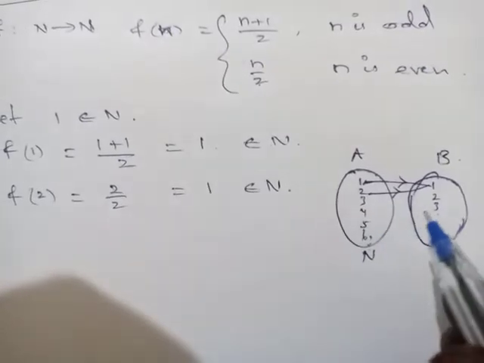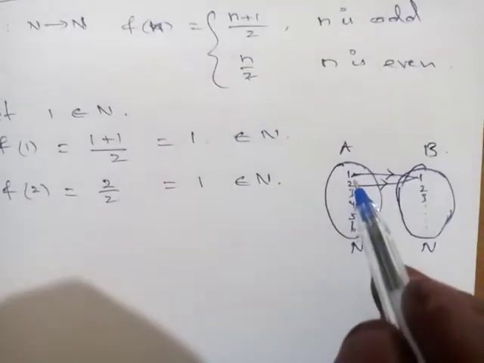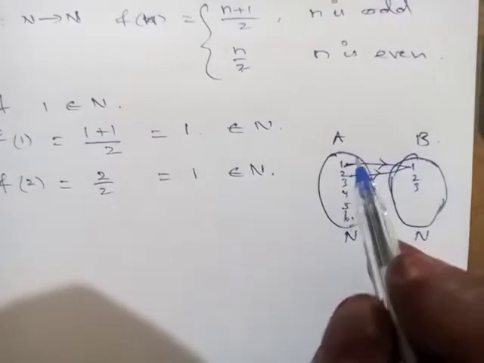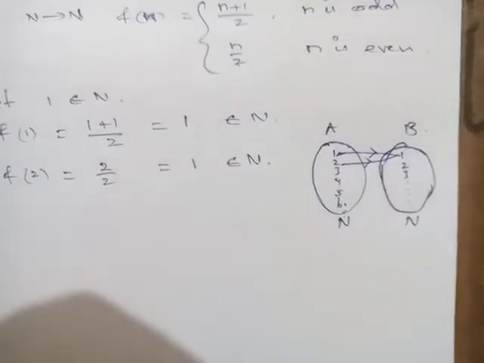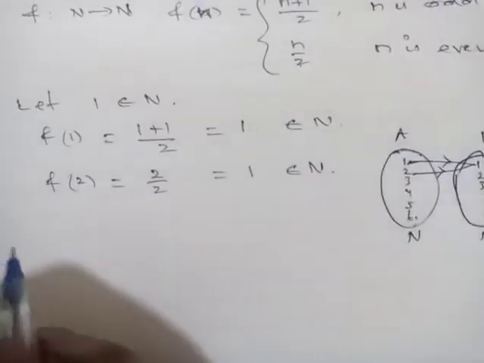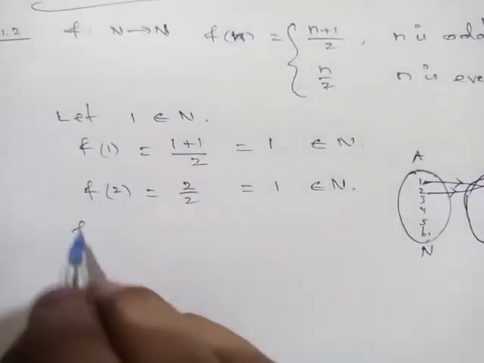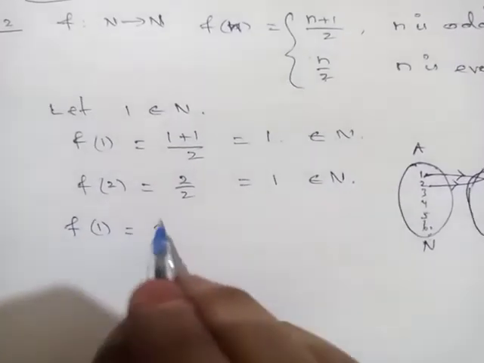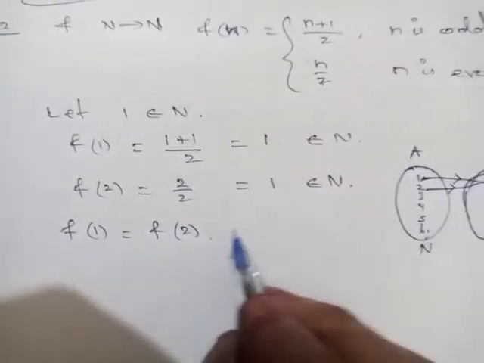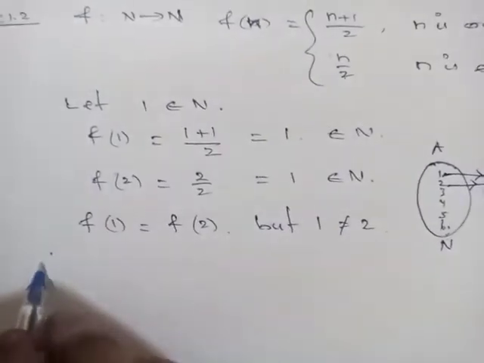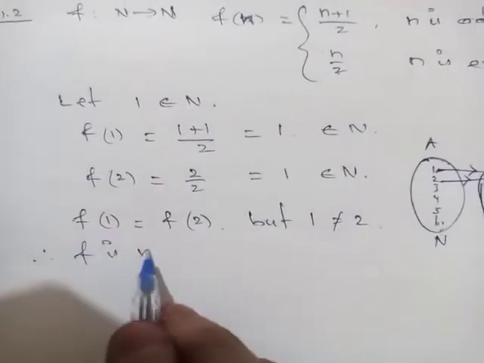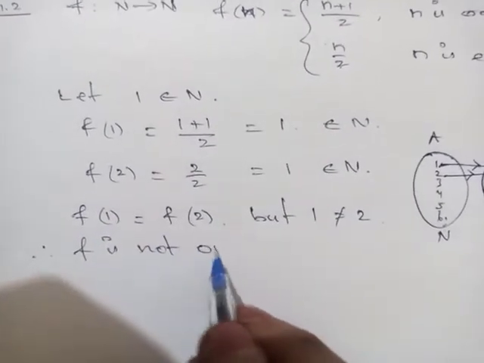This is not a 1-1 function, because for each and every element it must have only one image in this set, then only it is unique, then only we can say it is a 1-1 function. So f of 1 is equal to f of 2, but 1 is not equal to 2. Therefore, we can say f is not a 1-1 function.